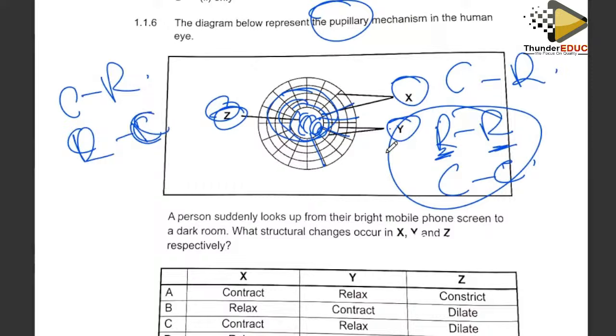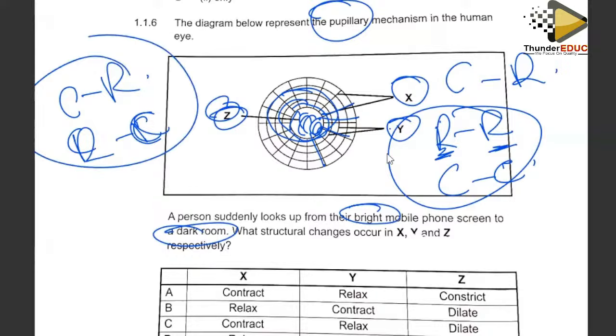All right, a person suddenly looks up from their mobile phone screen into a dark room. You are from the bright light, and then you're going to the dark room. So we explain dim light.